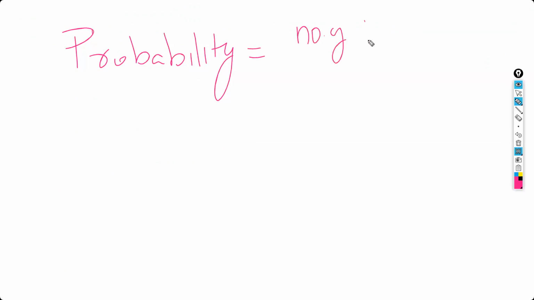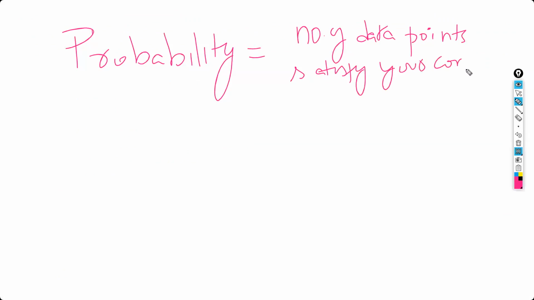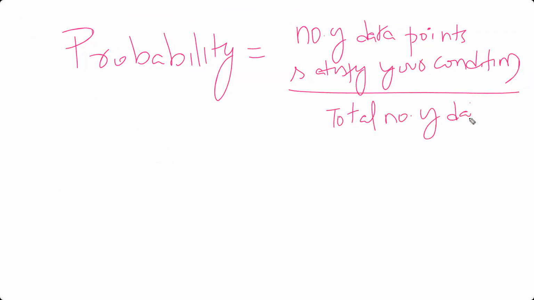Now, what is the formula for probability? Probability is equal to the number of data points that satisfy your condition, divided by the total number of data points, or records, whatever it is.